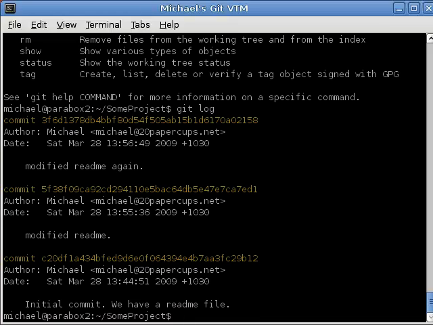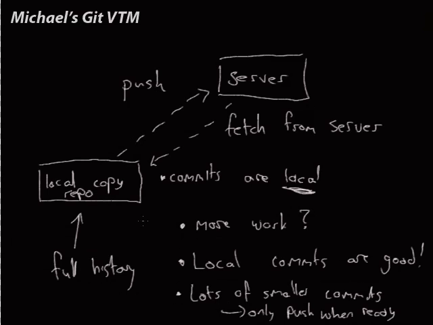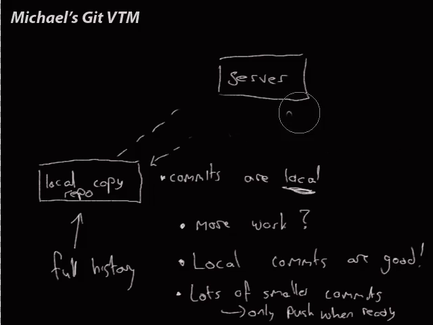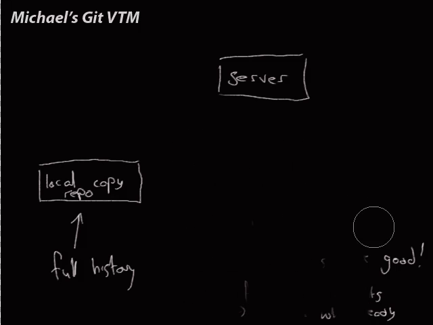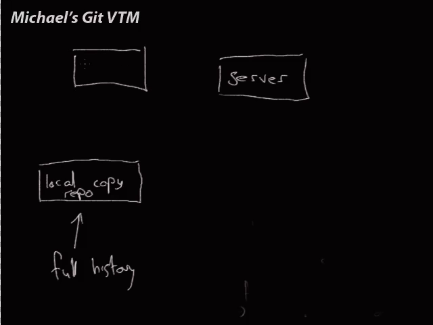Incidentally, if we come back over to here, get rid of all this. I need a whiteboard eraser. Okay, so in Git we can have multiple servers, and in this case this is going to be our flash stick.